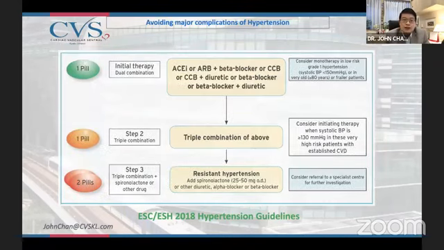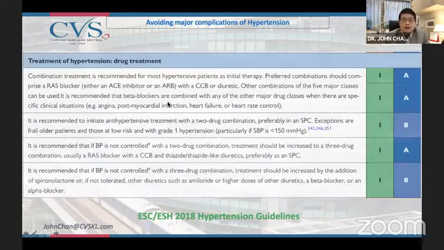But if the patient has got coronary disease, then generally we would add in a beta blocker as well. Or if they've got heart failure, then we would generally add in a beta blocker as a first line treatment as well. So this just summarizes the various drug treatments which we have available to control hypertension.